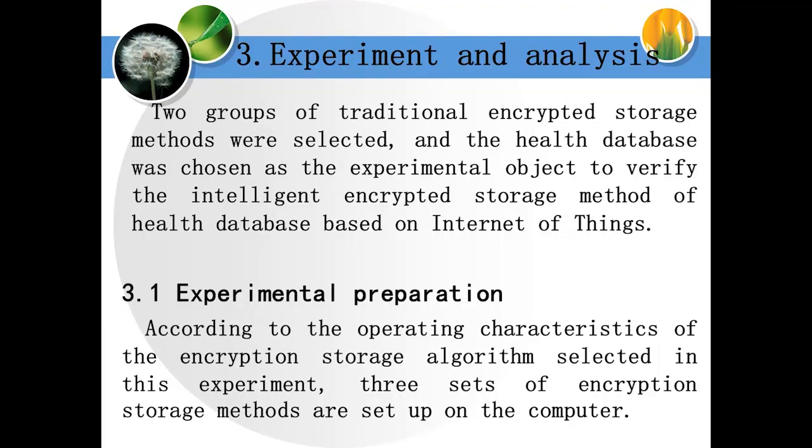Pre-experimental analysis. Two groups of traditional encrypted storage methods were selected, and the health database was chosen as the experimental object to verify the intelligent encrypted storage method of health database based on Internet of Things. 3.1 Experimental preparation. According to the operating characteristics of the encryption storage algorithm selected in this experiment, 3 sets of encryption storage methods are set up on the computer.